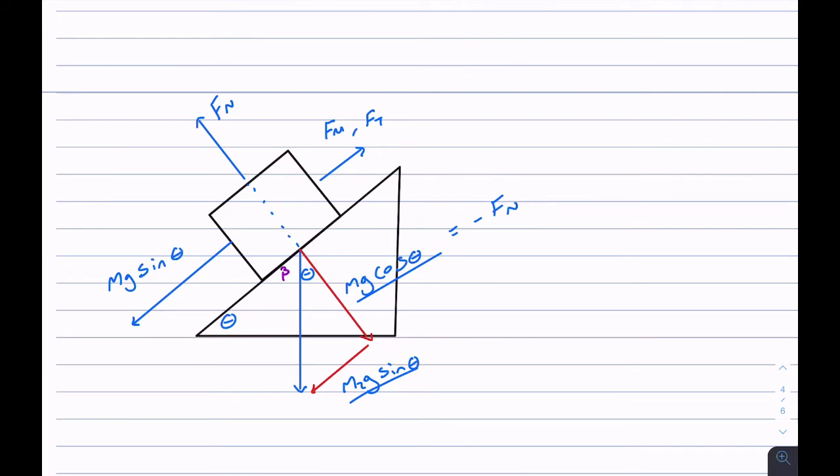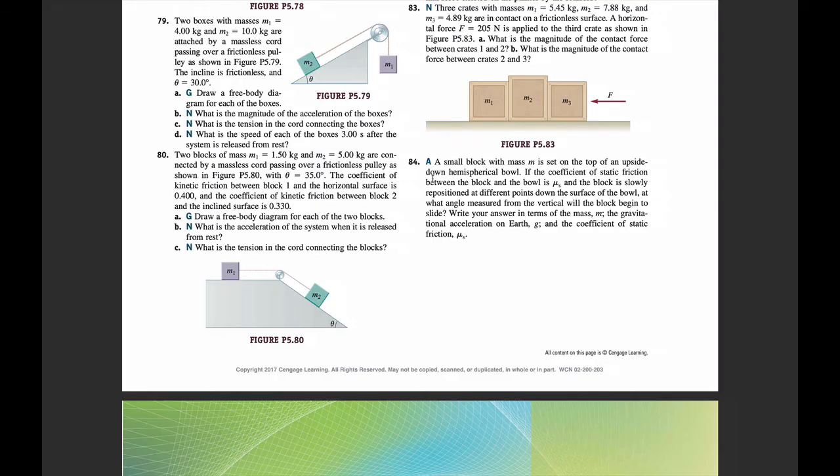All right, so moving on, the next thing we're asked to find: we found the magnitude of the acceleration of the boxes analytically, but we did not plug it in numerically. So we can plug in all of the values here.